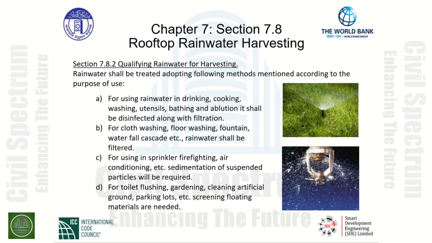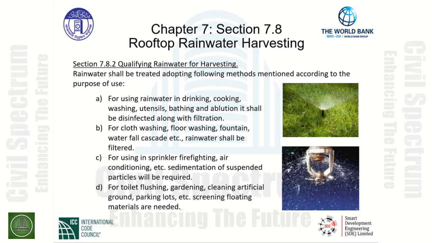A, for using rainwater in drinking, cooking, washing, utensils, bathing, and ablution, it shall be disinfected along with filtration. Item B, for clothes washing, floor washing, fountain, waterfall, cascade, etc., rainwater shall be filtered.